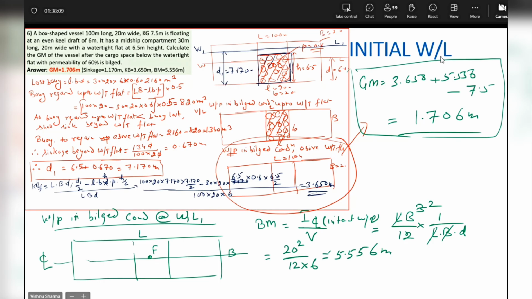Second, if you have a watertight flat which is above the intact water line but in close proximity, and you can't figure out where the final water line after bilging would be, then D1 has to be calculated the way it is on display right now. And then you'll take a call and draw W1L1. Am I clear, beta? Am I clear, guys?